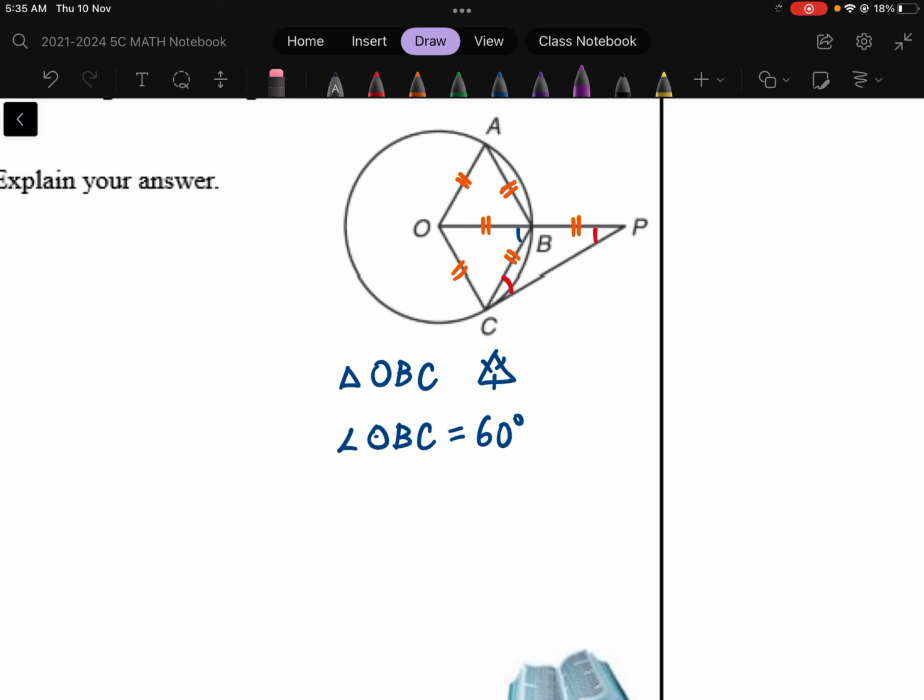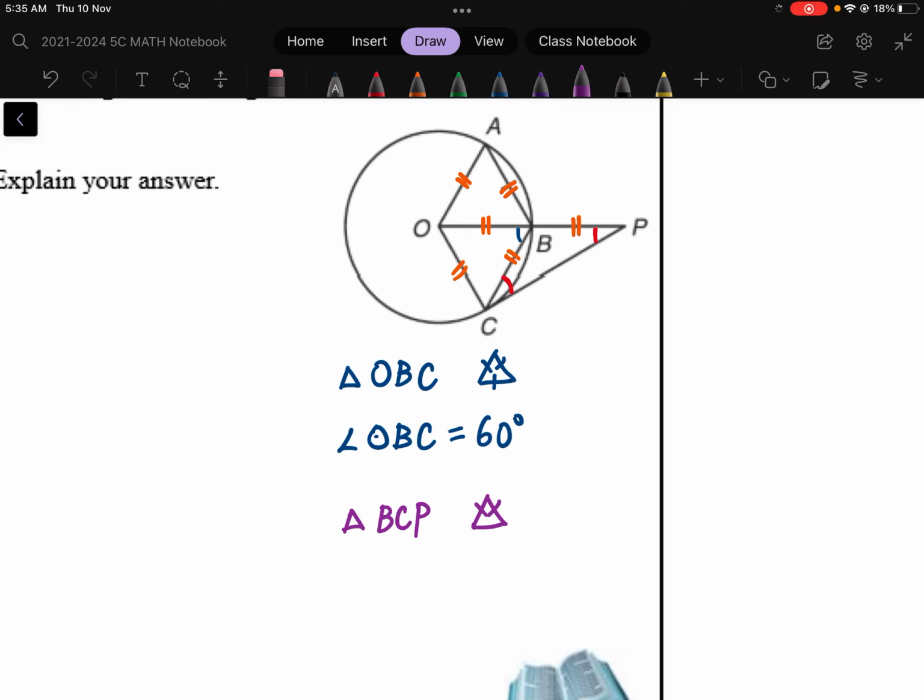How do we relate to the two angles marked in red? So we'll look at triangle BCP, which is an isosceles triangle.